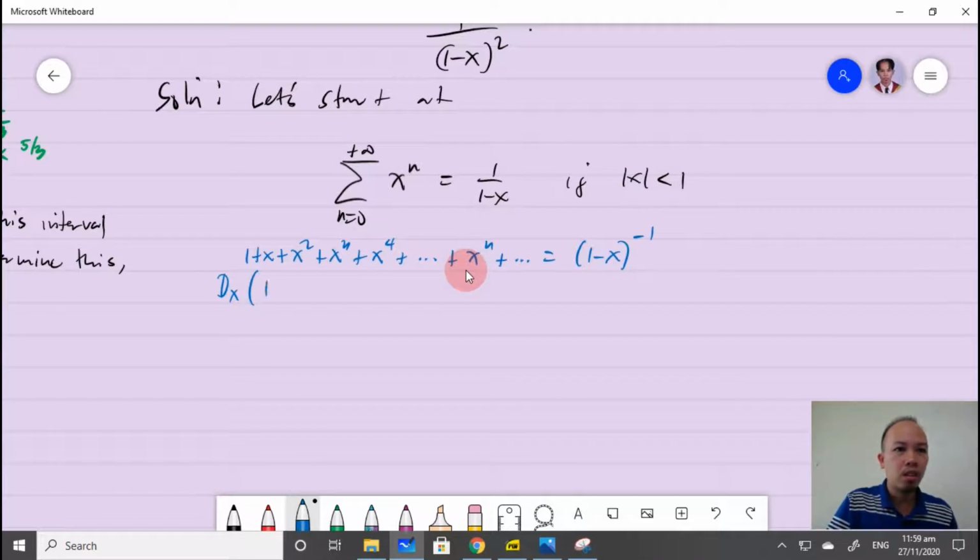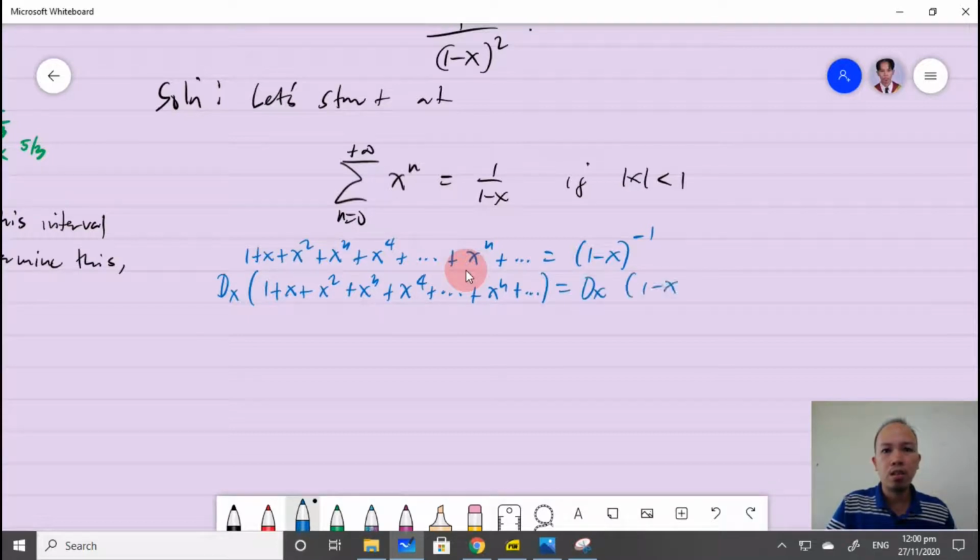Get the derivative of the left hand side expression, 1 plus x plus x squared plus x cubed plus x to the 4 up to x to the n plus dot dot dot, and on the other side, 1 minus x to the negative 1.